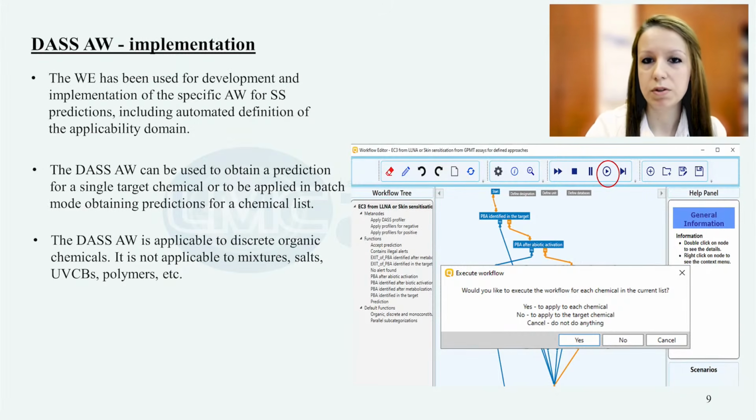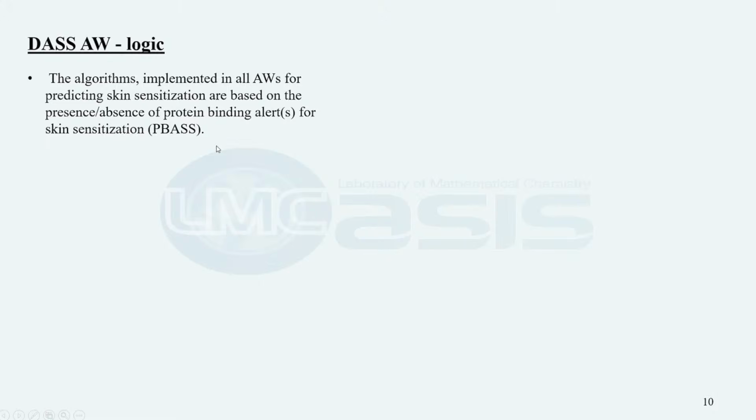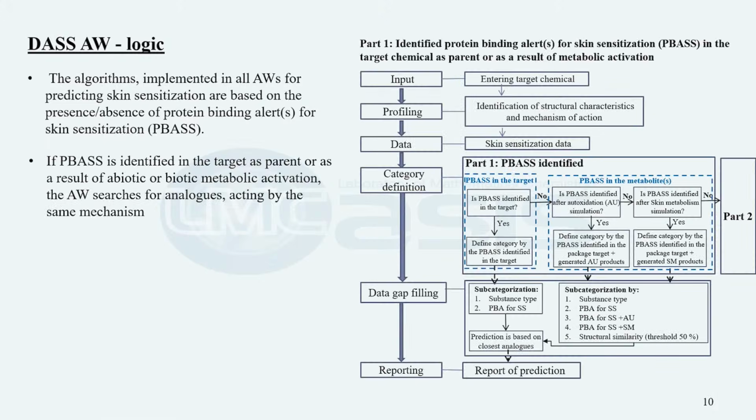And what is the logic that is implemented? The logic is based on the presence or absence of protein binding alerts for skin sensitization. At first, once we have a target chemical, the system searches whether there is any protein binding alert for skin sensitization identified in our target chemical, as parent or as a result of abiotic or biotic activation.